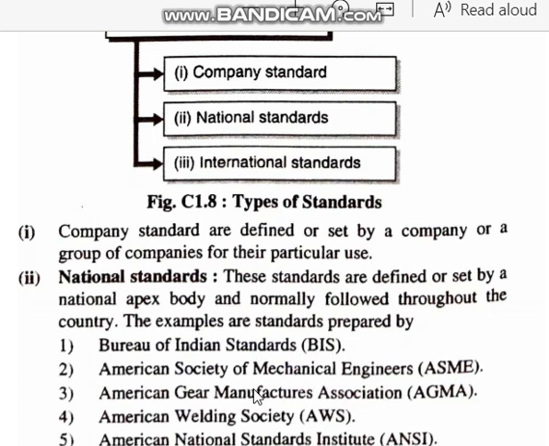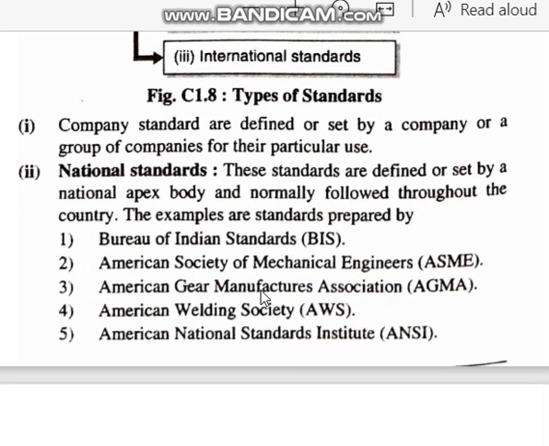ASME, the American Society of Mechanical Engineers, is followed in America and so many other countries also. American Gear Manufacturers Association, AGMA, American Welding Society, AWS, American National Standards Institute, ANSI. These are some of the national standards.